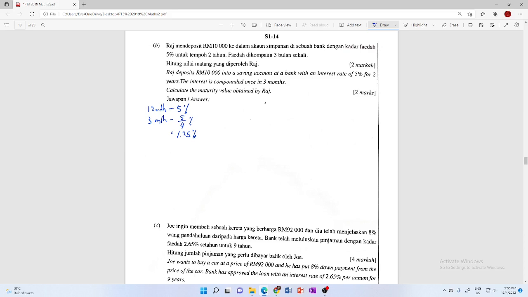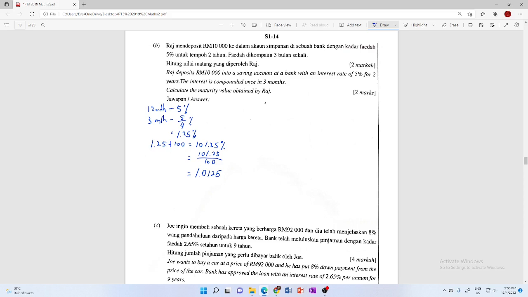And to find the maturity value, you need to top up with 100%. So in total, you have 101.25%. Change it into a decimal number. You need to divide it by 100, which equals 1.0125.